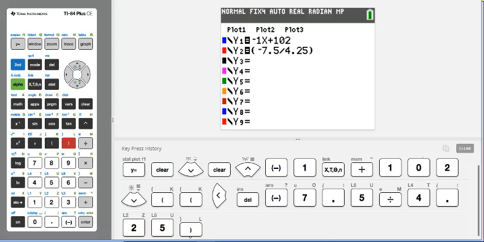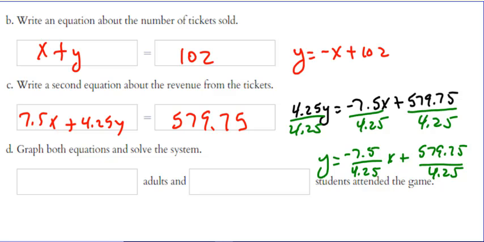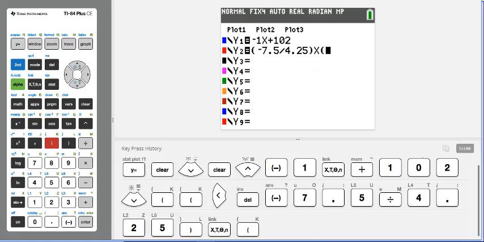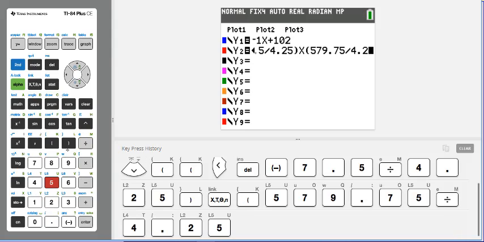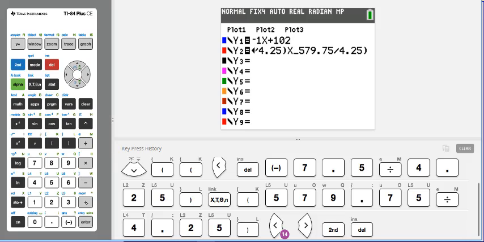Then I hit x, then 579.75 divided by 4.25, close parentheses. I've got to go back and put a plus in. So let me show you how to do that. If you ever mess up and need to put something in, second delete gives me an insert, and I can put a plus. If I arrow out of it, it takes it away.